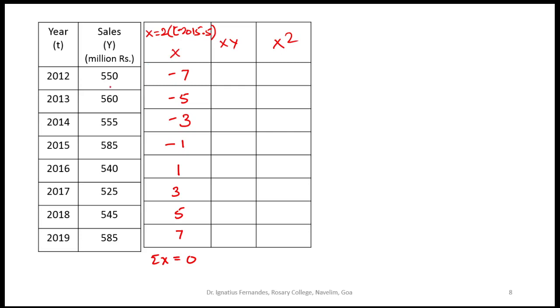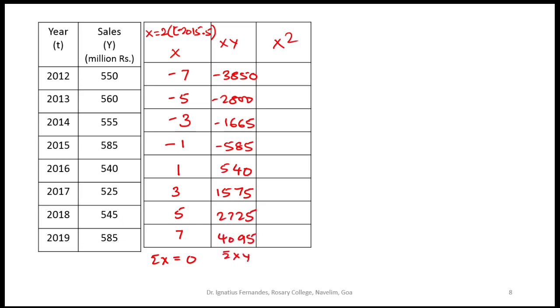So minus 7 into 550, minus 3850, minus 5 into 560 is minus 2800, then minus 3 into 555 is minus 1665, minus 1 into 585 is minus 585, 1 into 540, 3 into 525 is 1575, 5 into 545 is 2725, and 7 into 585 is 4095.